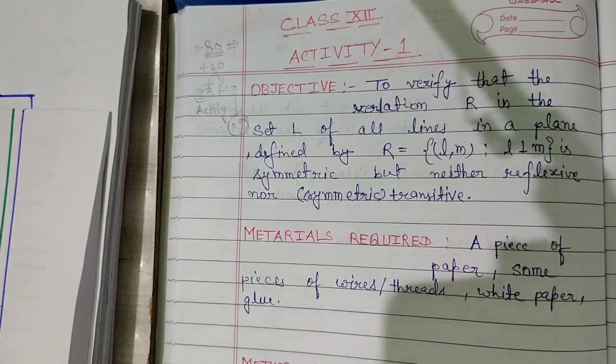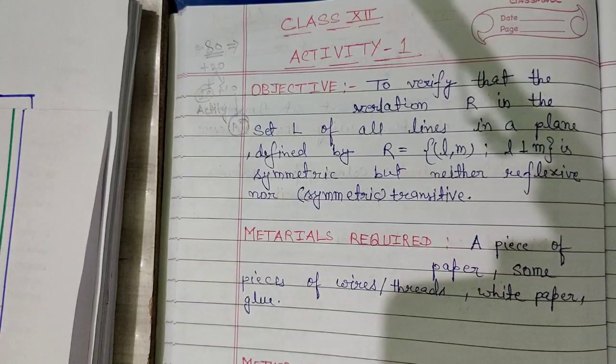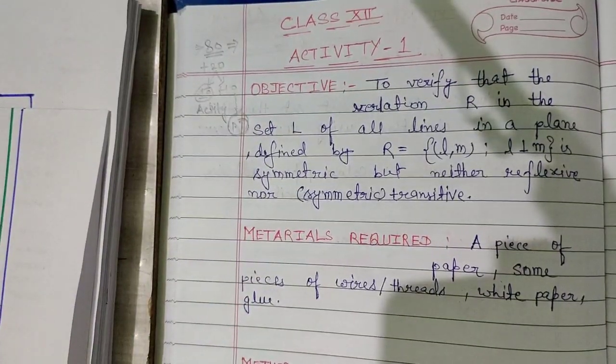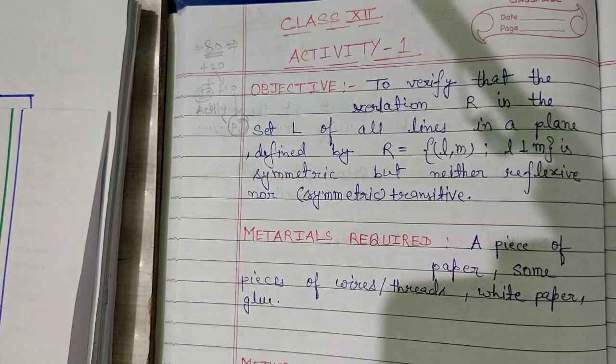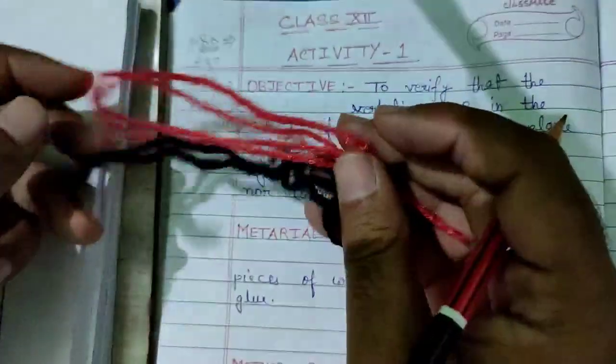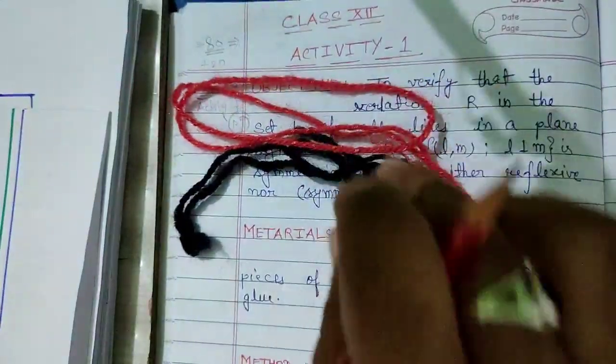So you have to make a copy for that, as I have explained to you in the last video. In this video we will be covering the first activity, which is based on relation and function, the first chapter of class 12th. For that I am using a few thread parts.